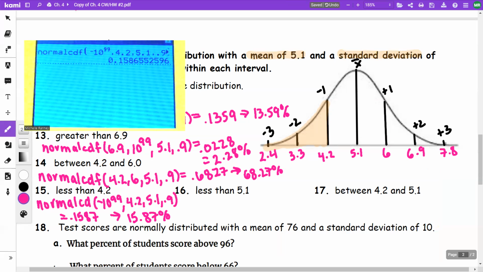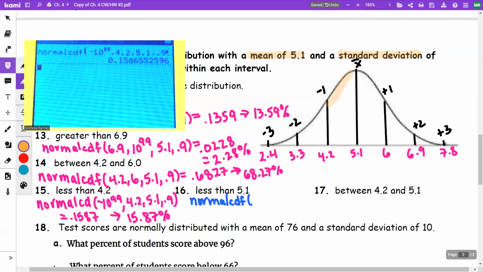On number 16, let me write it in a different color. Okay. So this one is going to be a normal CDF. I want less than 5.1. Actually, for this, less than 5.1 is going to be this half.